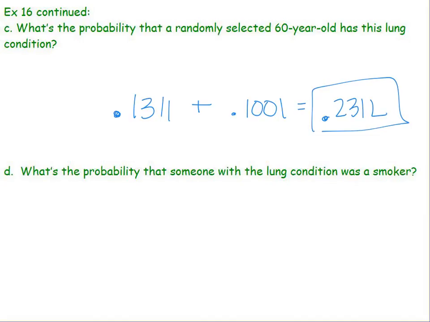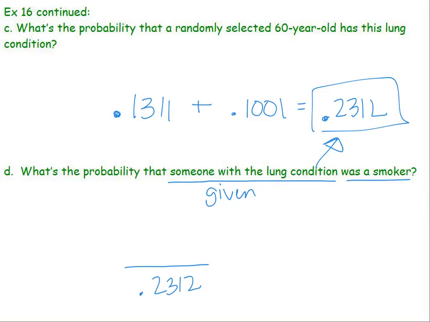So now we change the wording. What's the probability that someone with the lung condition was a smoker? So we know up front that they have the lung condition. So this is our given, and then we're trying to find out what's the probability that they were a smoker. So the given, remember, always goes on the bottom. So the lung condition was what we found right here. So the given group of people is 0.2312.